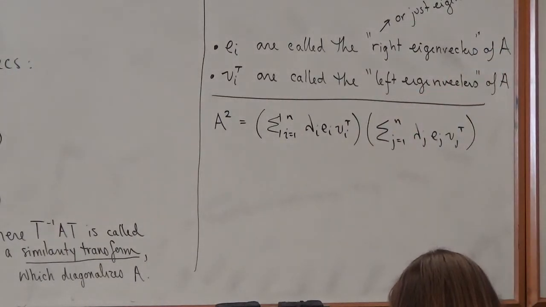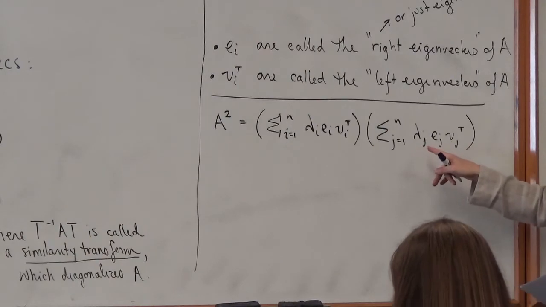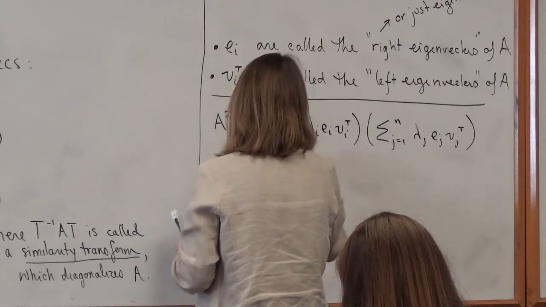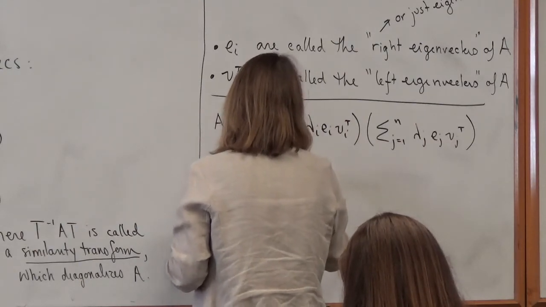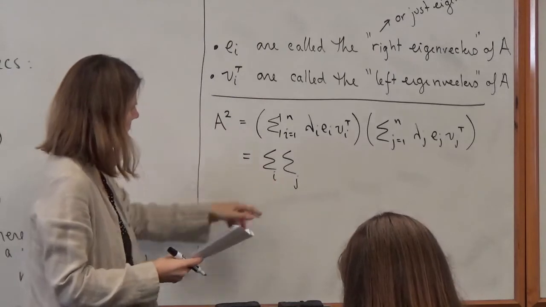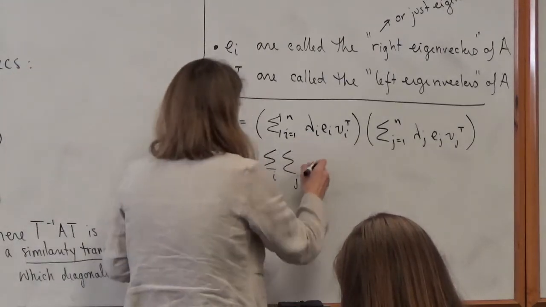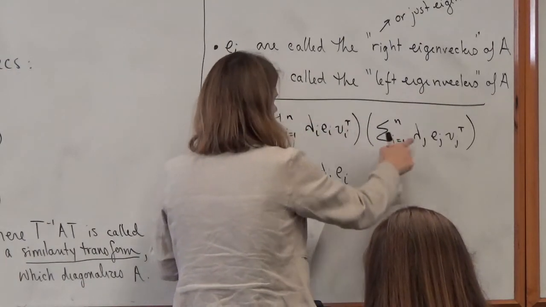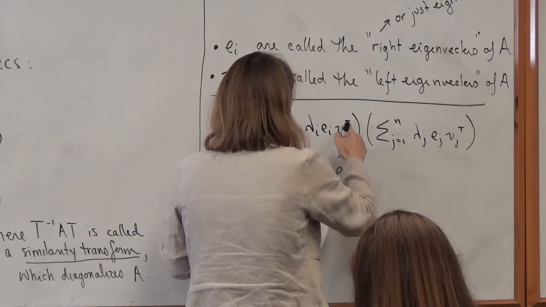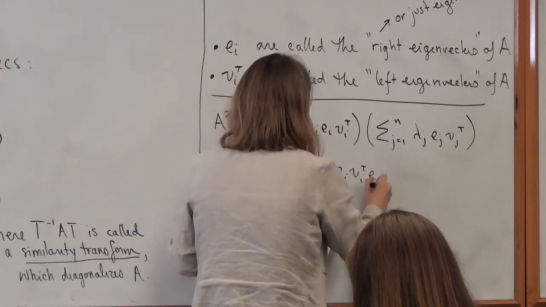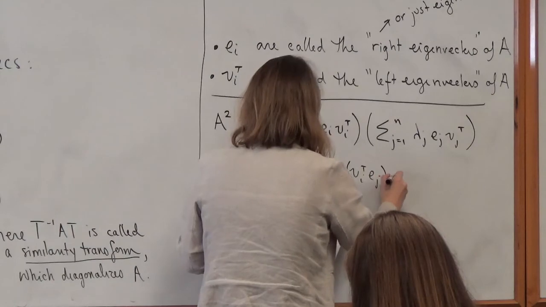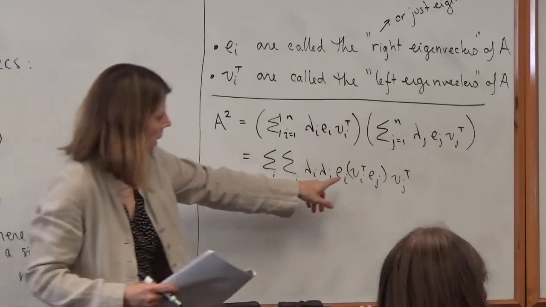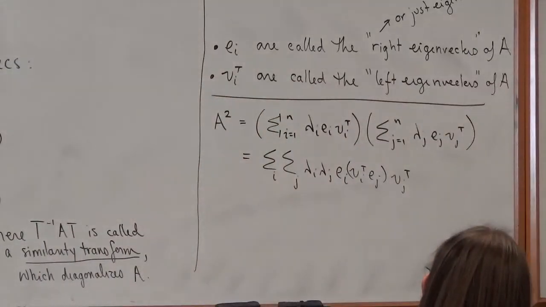All right, so now multiply that out. These are finite summations, so we can manipulate them and write that as the summation over i equals 1 to n, j equals 1 to n, just writing it that way for short, of lambda i times lambda j e i times nu i transpose e j nu j transpose. I put that in brackets because we know those are inner products that we saw over here.